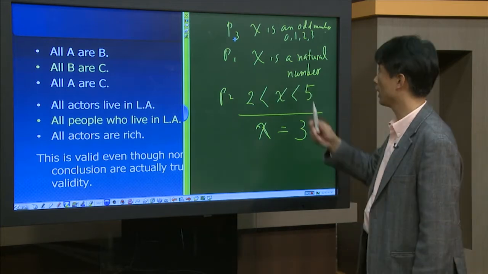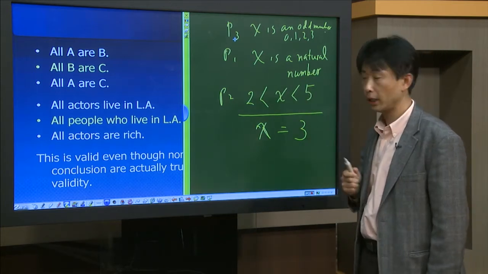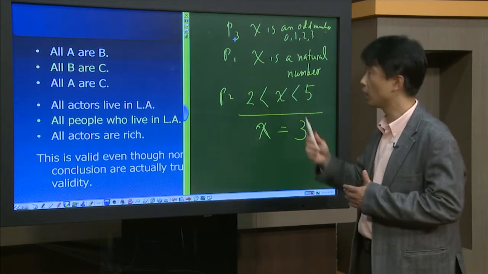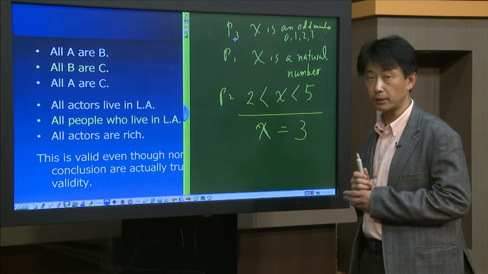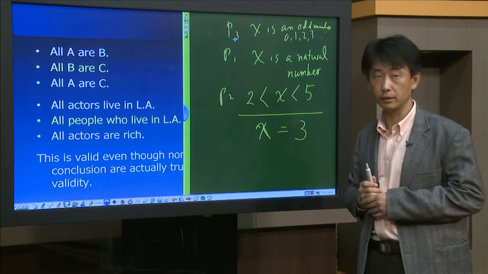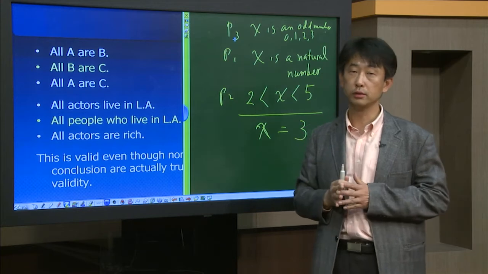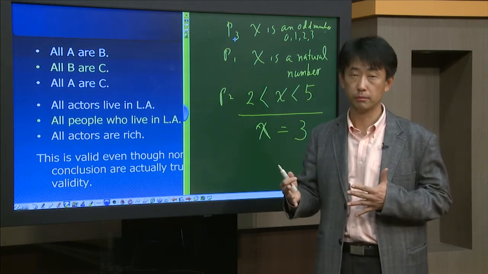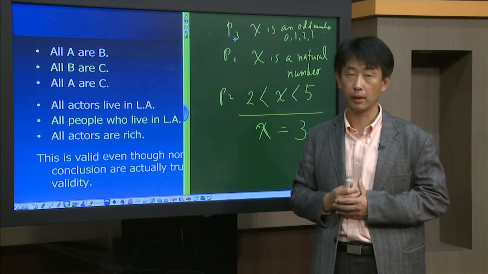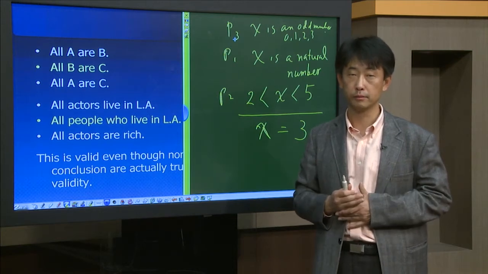Okay? Given that X is a natural number and X is in between 2 and 5, and furthermore, X is an odd number, X must be 3. Okay? So the conclusion follows from 3 premises. And this is a valid argument.